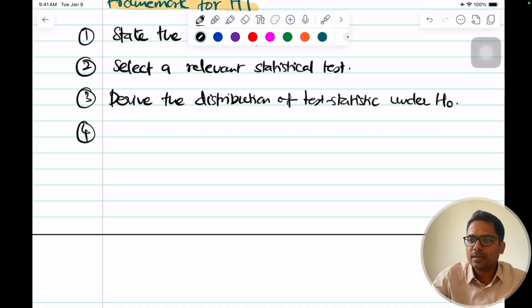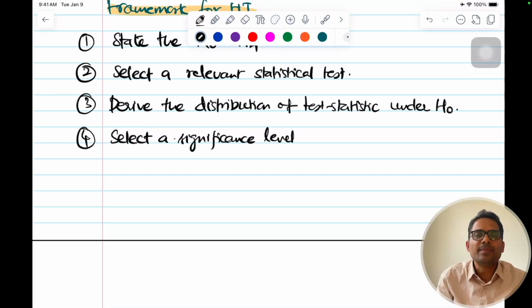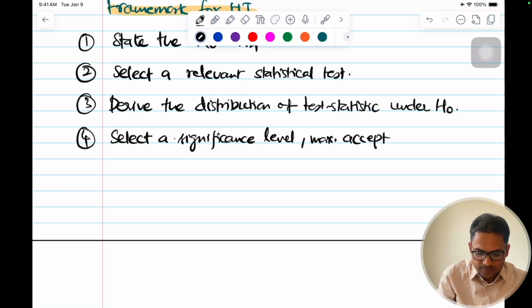Then the fourth step is to select a significance level. This is also termed the maximum acceptable false positive rate, denoted by alpha.